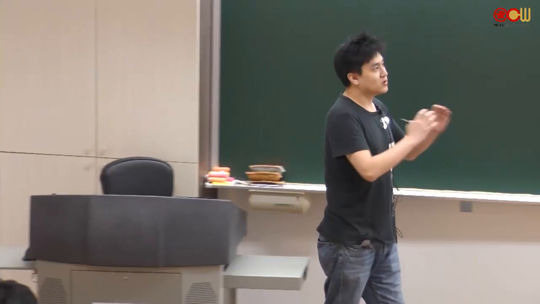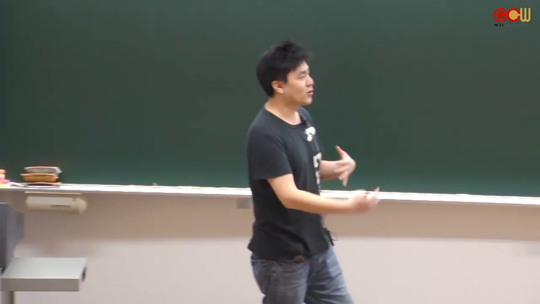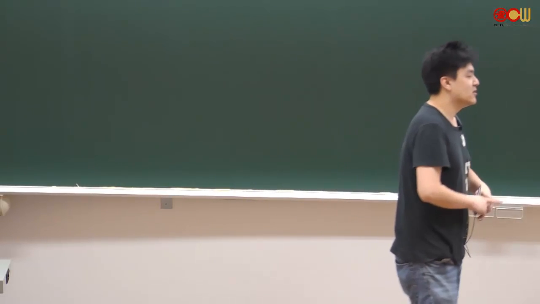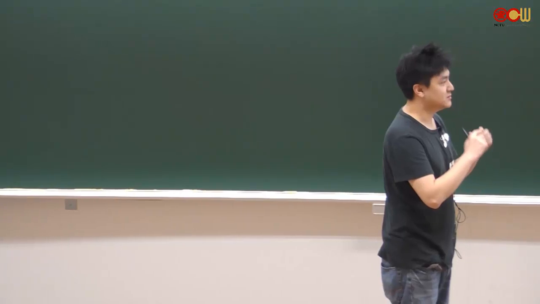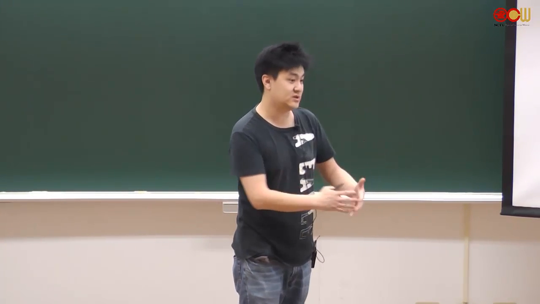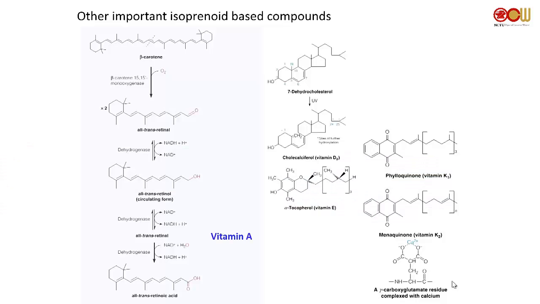So we're now talking about other important isoprenoids. Very quickly, remember that isoprenoids are molecules that are essentially derived from isoprene repeat units.